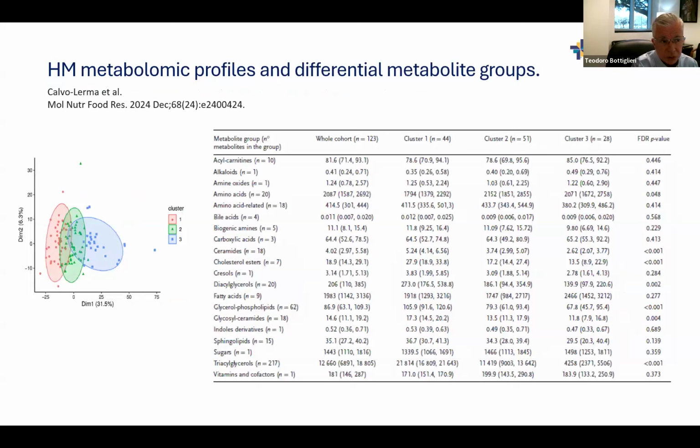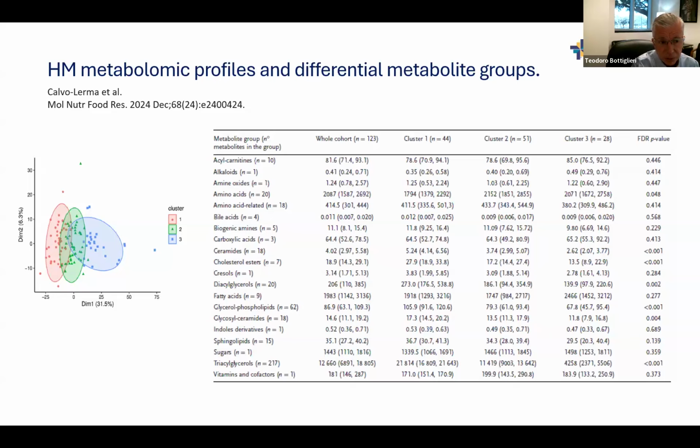Now, to get to the actual data in the study, what was revealed was that there were three main clusters of metabolites, and the data was analyzed in terms of these clusters. There were no real individual amino acids that showed highly significant differences with some of these anthropometric or other outcomes in the data from the study.